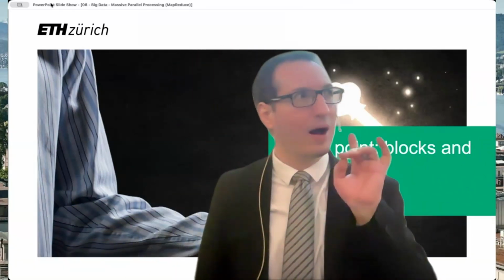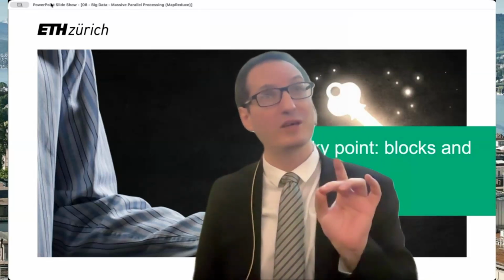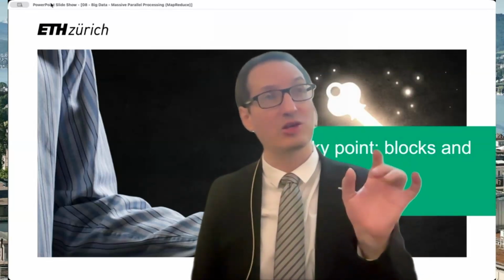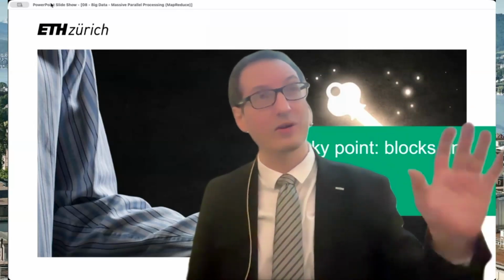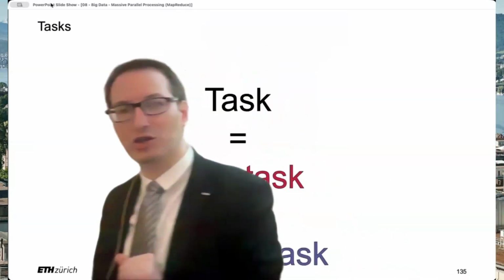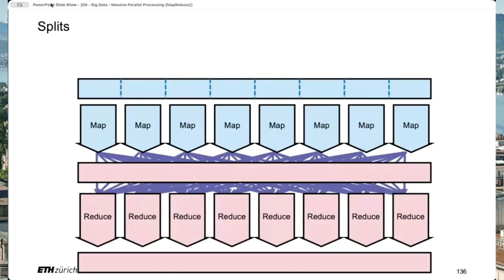And then I told you, how do we make these partitions? Well, in fact, if we read the data from HDFS, we're just going to take the HDFS blocks as partitions. Every HDFS block gives you one partition. I'm talking specifically about the map tasks here, even though for the reduce we also have tasks.